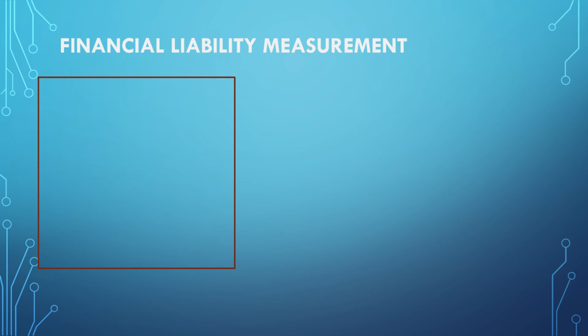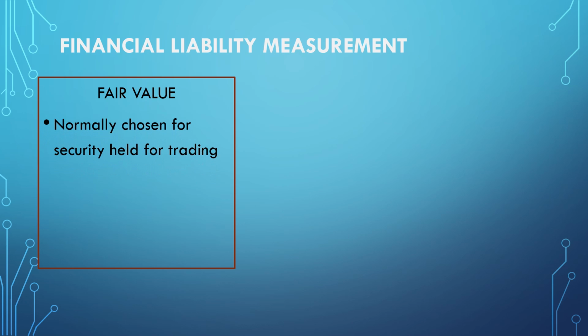So how is a financial liability measured? The debenture is one of the financial liabilities, where FRS 9 says that it can be measured at fair value.